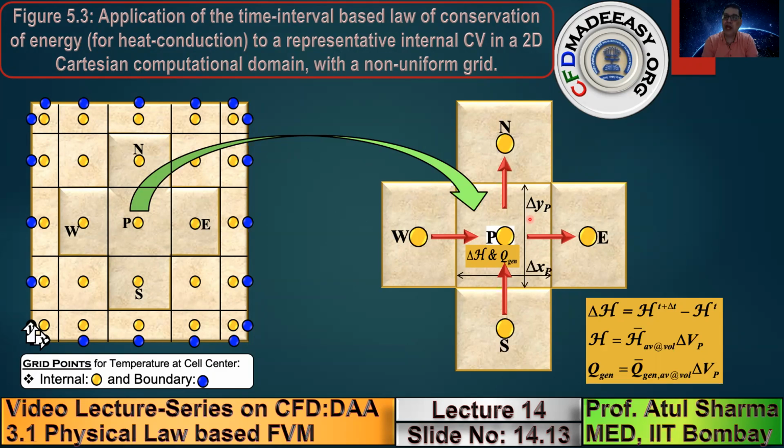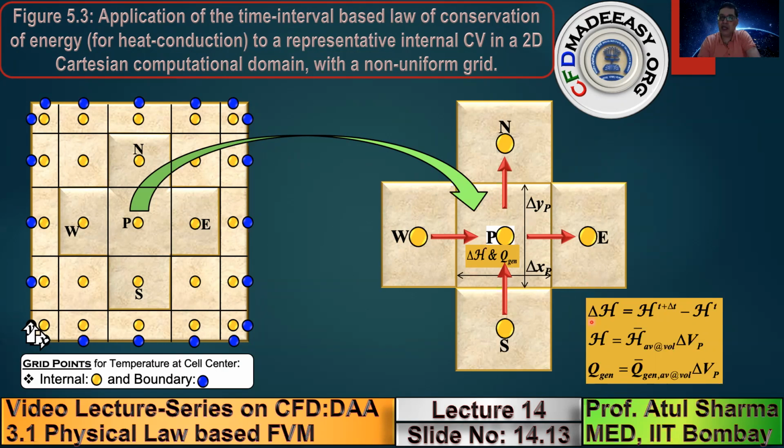So if you want to calculate enthalpy inside a control volume, enthalpy varies at various points in the control volume because it depends on the volume. So enthalpy varies all over the volume. Whereas if you talk of the conduction heat transfer rate, you express it at the surface area of the control volume. You have Qx plus delta x, Qy plus delta y. So this depends on the surface area.